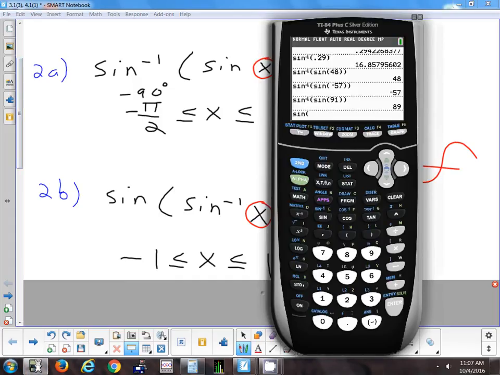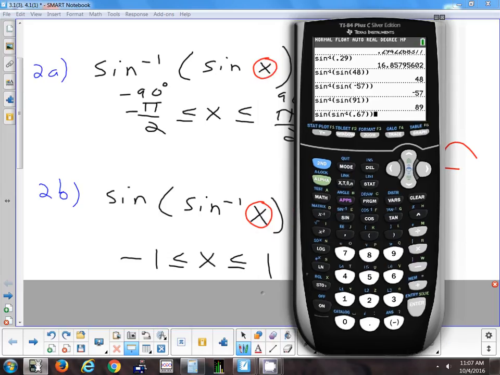Let's try the sine of the inverse sine, and I'll pick a number between negative 1 and 1. 0.67. Because I picked a number between negative 1 and 1, which is what I have to be between when sine is on the outside, these two things should cancel out.